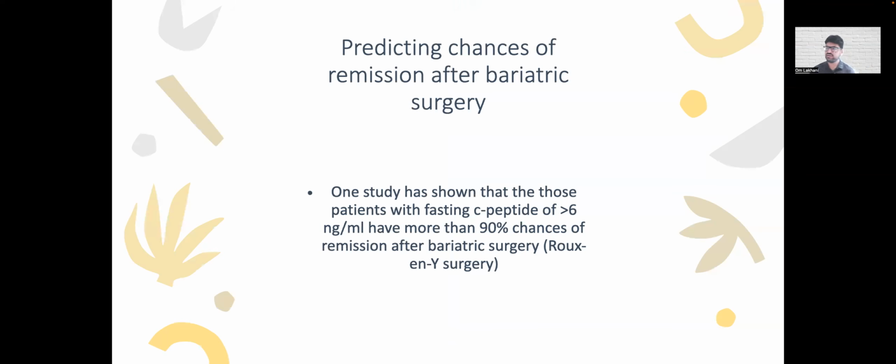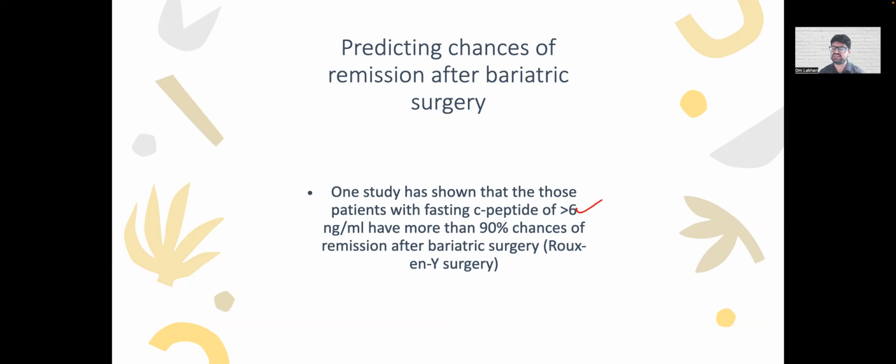Okay, another useful place where C-peptide can be used, and there are just a few papers on this, is predicting the chance of remission after bariatric surgery. One study used a fasting C-peptide value, and, like I already told you previously, fasting C-peptide interpretation you have to do very carefully.